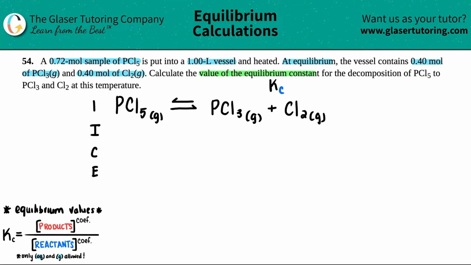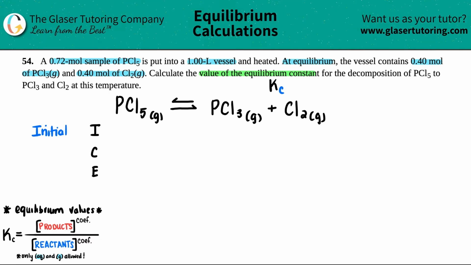Doesn't matter. Now, I stands for initial. Now remember, we're doing Kc values, so I can only put in concentrations. They told me that I had moles, right? But is a mole a molarity? No, right?